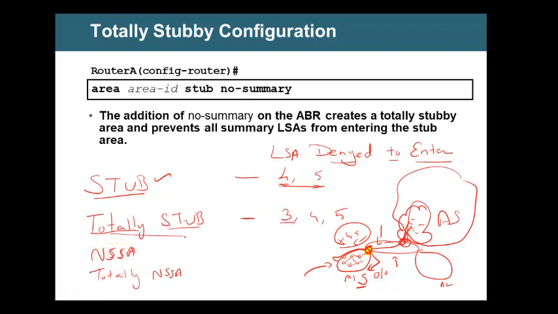Totally stub. All these routers will have only the local network, that particular area's network. No other networks will be there. That is what totally stub is.